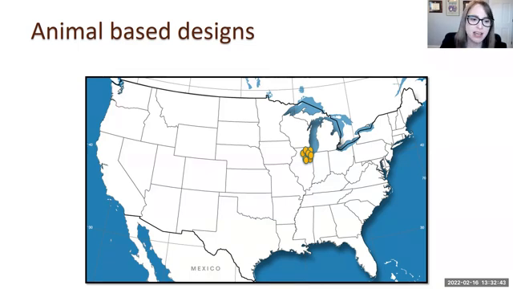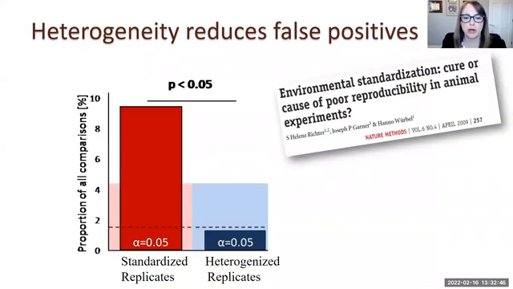And what we find is that if we assume that variability is unimportant, this leads to a false discovery rate that's larger than chance alone. However, if we embrace variability by using controlled heterogeneity, this can help reduce the percent of false positives, which has been demonstrated by Richter et al. in this particular paper.